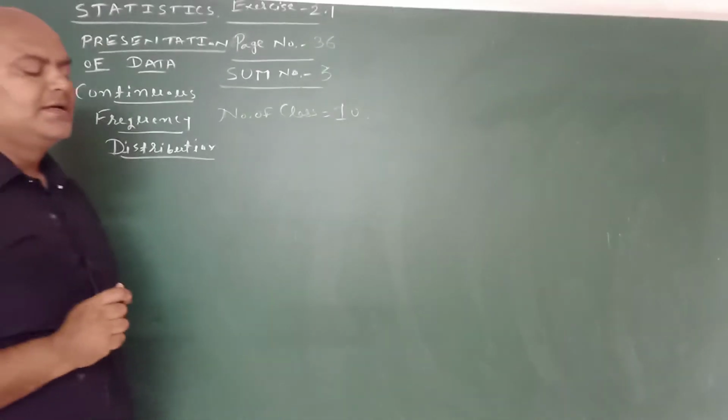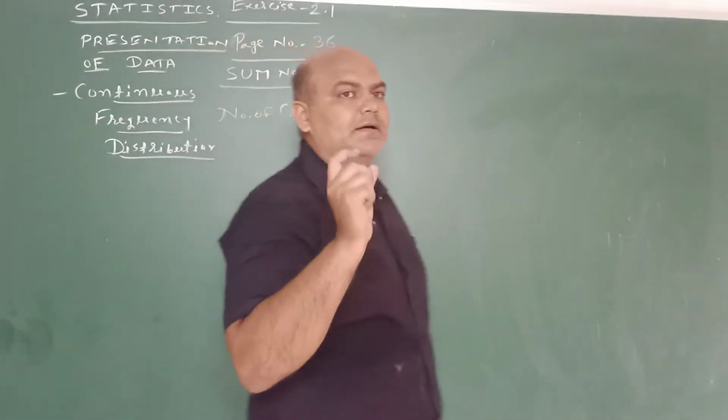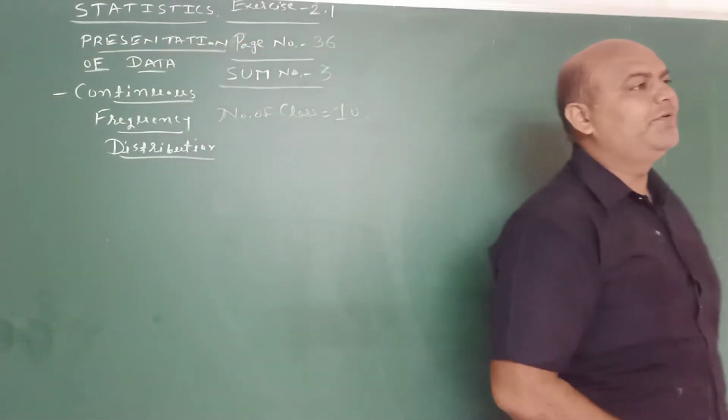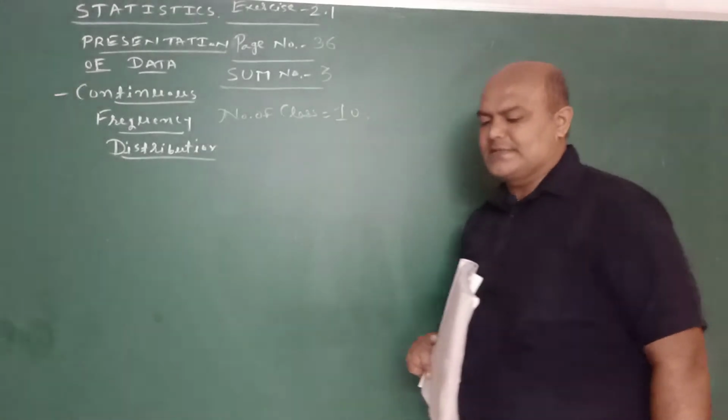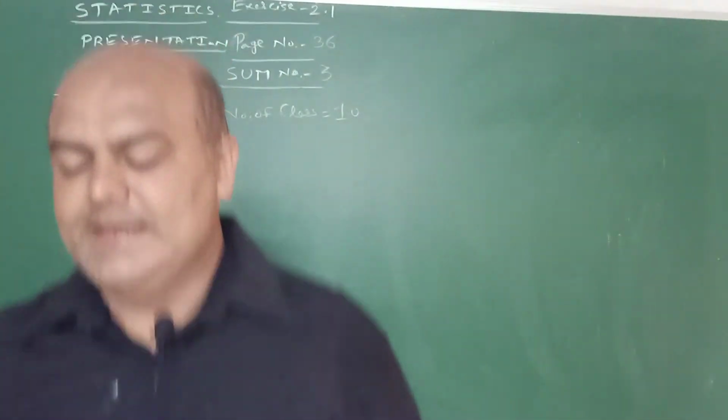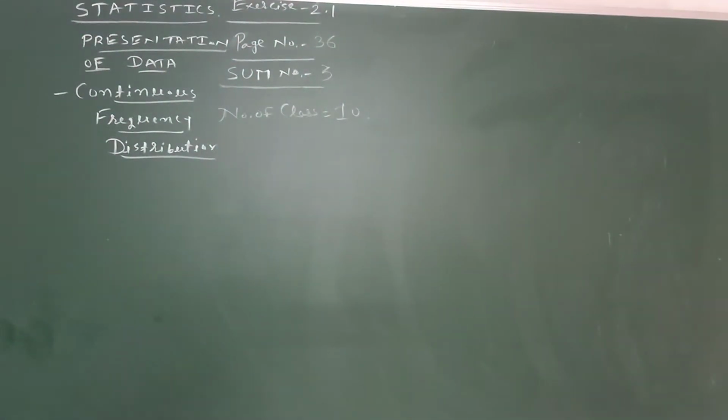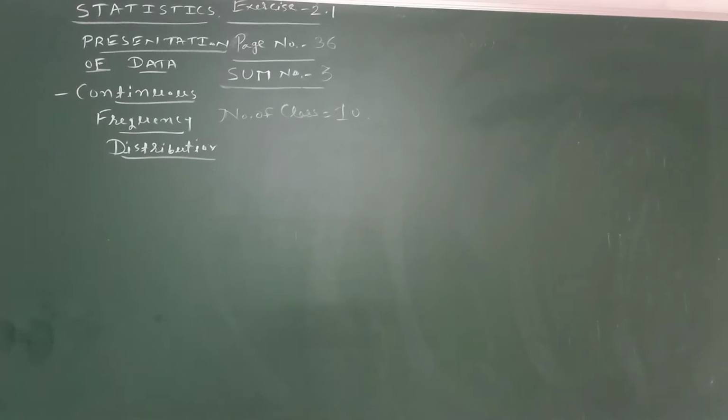Sometimes they give us the class length, like in previous sum, they provide us that take 5 as a class length, and sometimes they give us the number of class. Here in this particular sum, they provide us that number of class we have to prepare must be 10. 10 class we have to make.